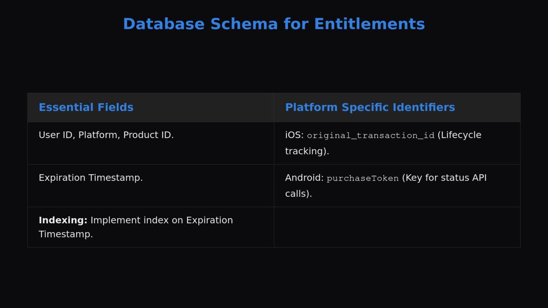For Android, the purchase token must be stored. This unique token is the key required for all subsequent API calls to check the subscription status. Implement database indexing specifically on the expiration timestamp field to efficiently query subscriptions that are nearing renewal or immediate expiration.